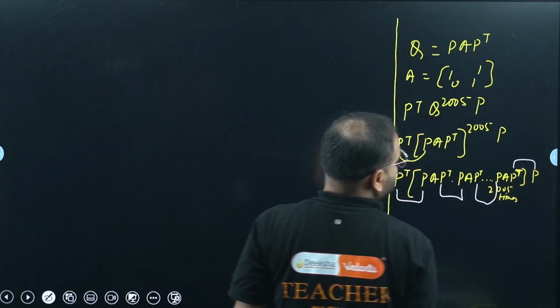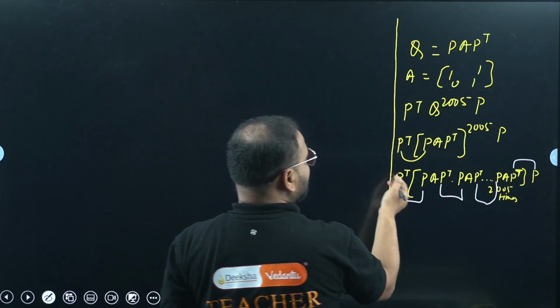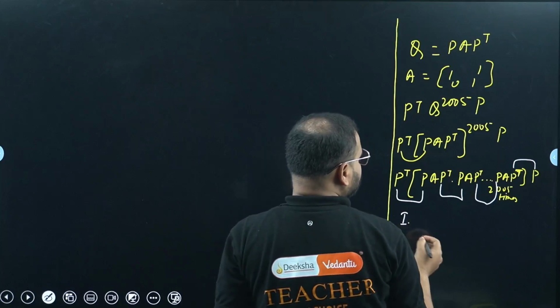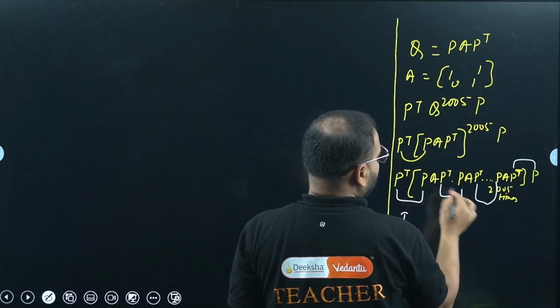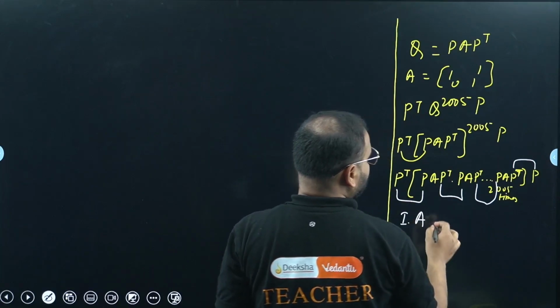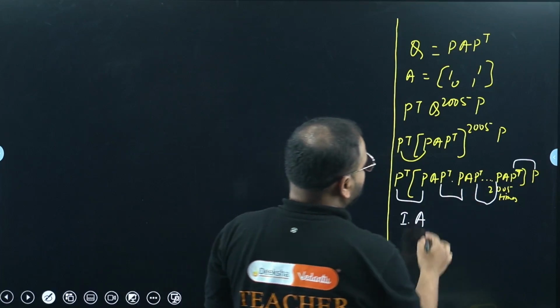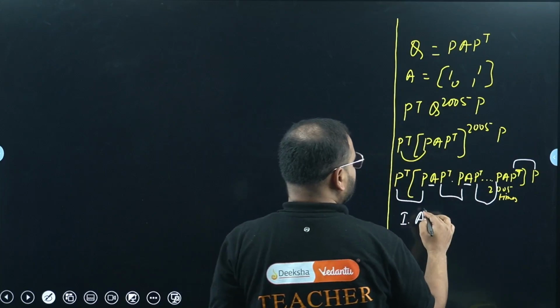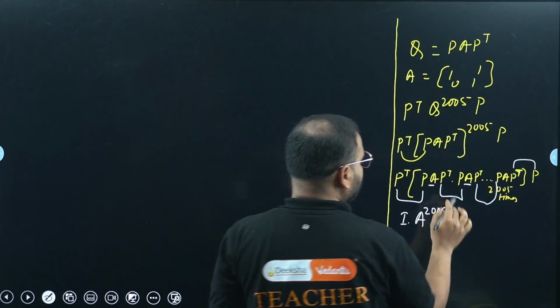P transpose into P is identity, all the time. So I will have just A left, multiplied 1 time, 2 times, till 2005 times. So A power 2005.